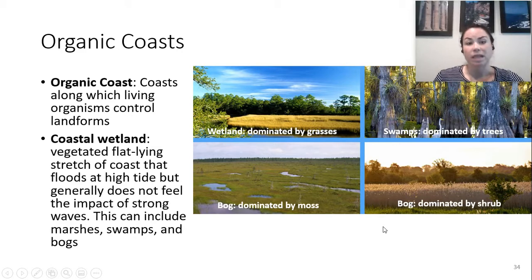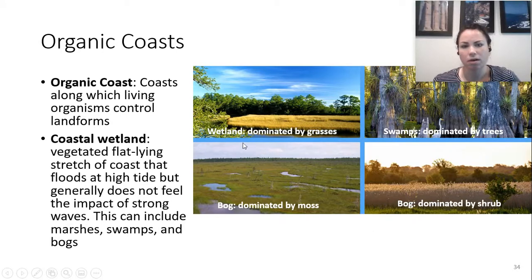Okay, so let's talk about organic coasts. Organic coasts exist where organisms control the landforms. So this would be an example of a wetland or a swamp. A coastal wetland is a vegetated, flat-lying stretch of coast that floods at high tide, but generally does not feel the impact of strong waves. This can include things like marshes, swamps, and bogs.